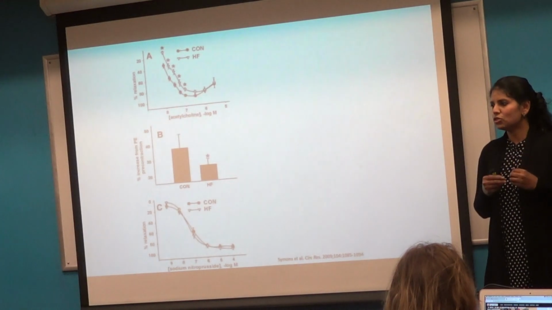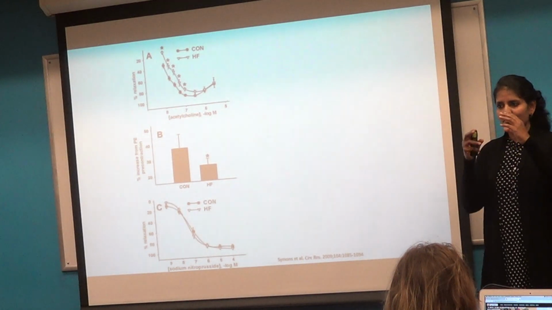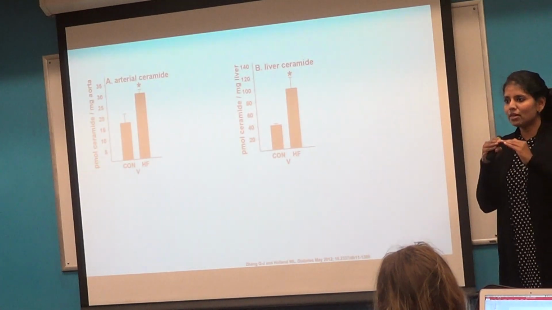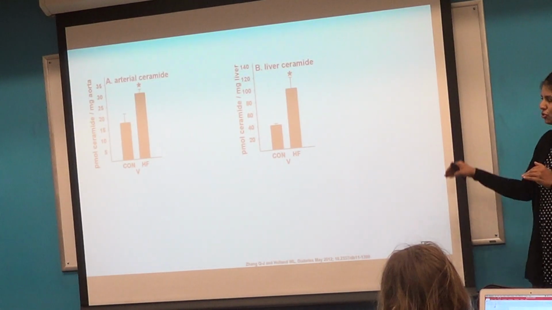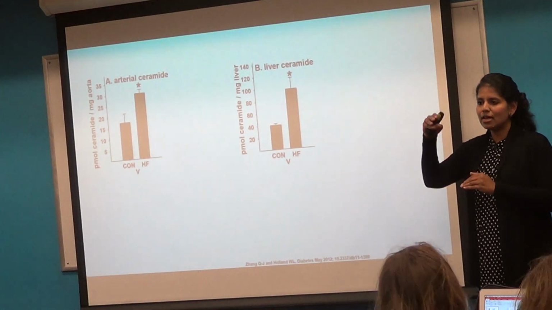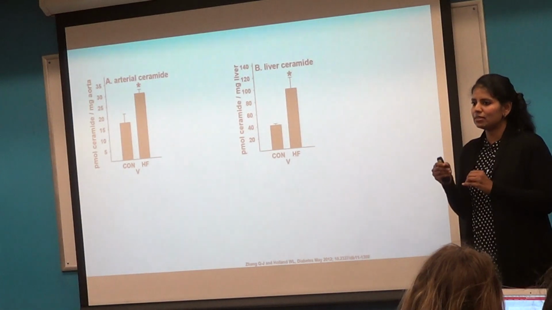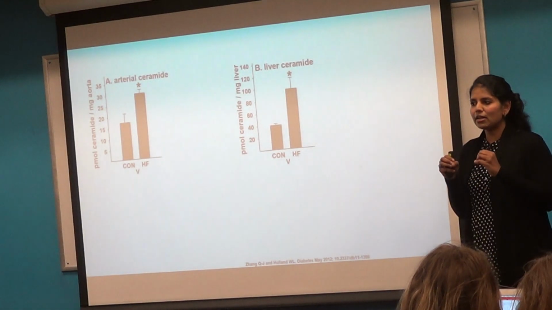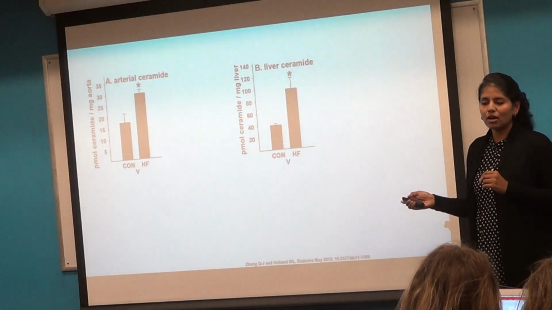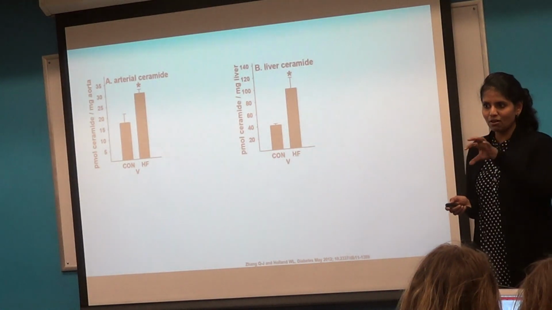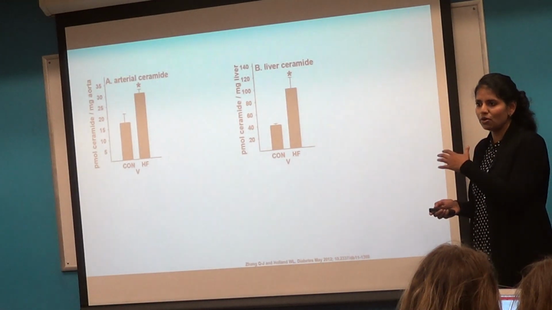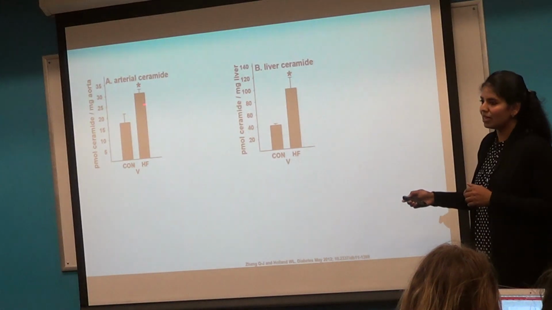It is a lipid, so when you eat your fatty food, saturated fats, they get broken down, and the final product of that free fatty acid is a sphingolipid known as ceramide. And ceramide accumulates in the arteries, it accumulates in the liver. So we wanted to see if our mice are also having that kind of phenotype. And we definitely saw, in the arteries and the liver, the high-fat fed mouse having excess ceramide.